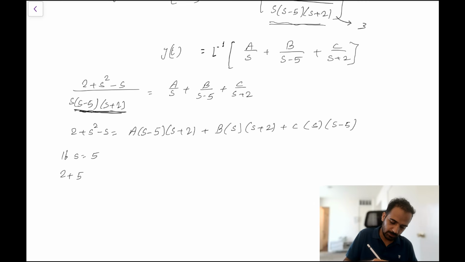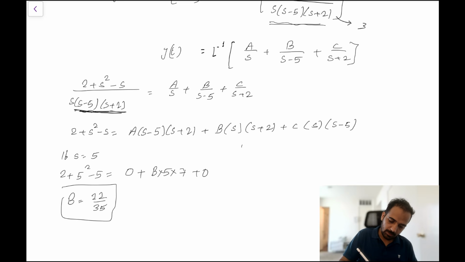Let's take s equals 5. Then we have 2 plus 5 square minus 5, this term will be 0, B times 5 times 7, this term will be 0. So 2 plus 25 minus 5 is 22, so B will be 22 over 35. Now let's take s equals minus 2.